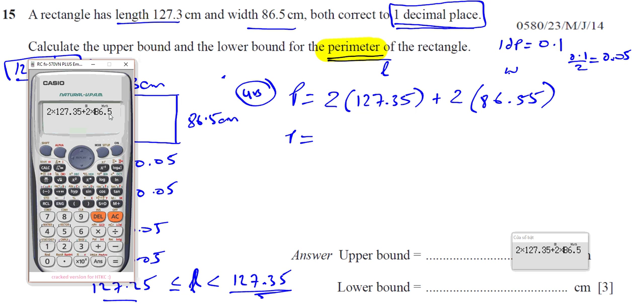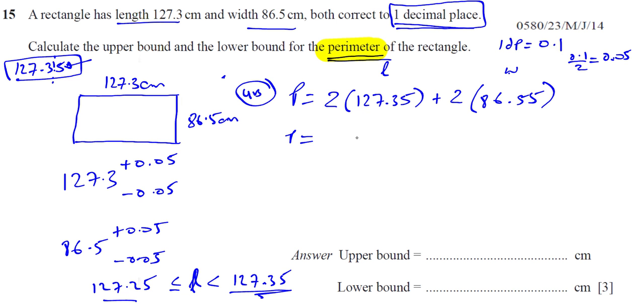That gives us our answer, which is 427.8. 427.8 is the upper bound of the perimeter.